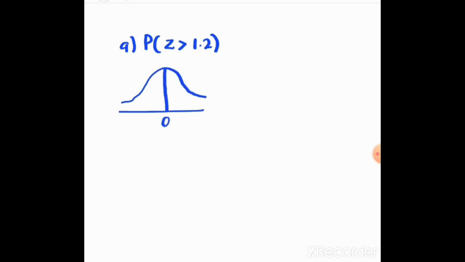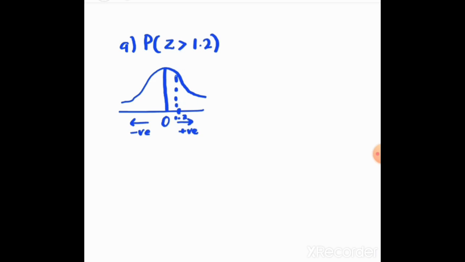For (a), we have P(Z greater than 1.2). If we look at the bell shape, we know that in the middle is 0, so this part is positive and this part is negative. 1.2 is positive, so we can estimate 1.2 is here.